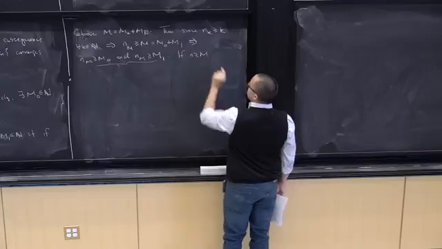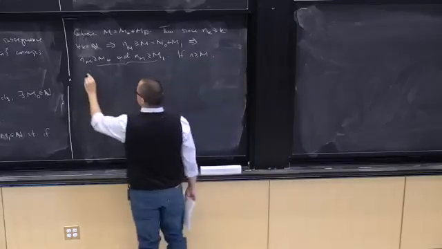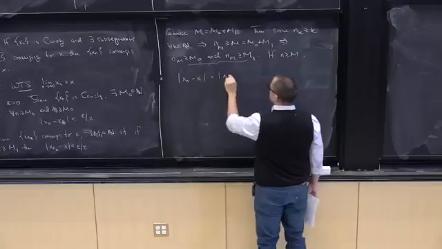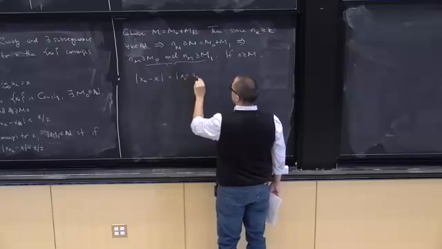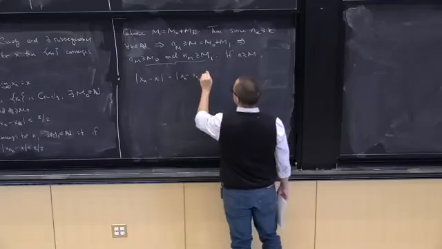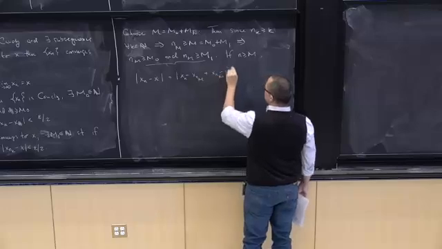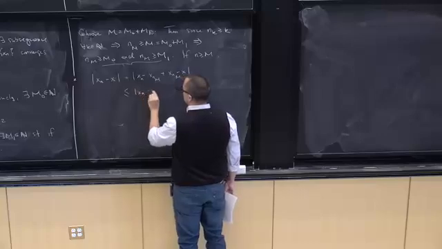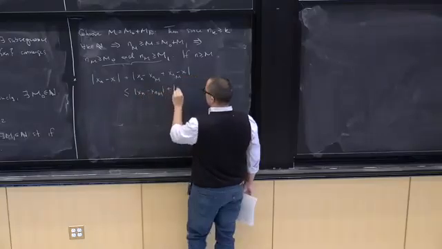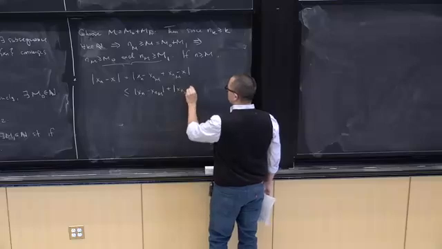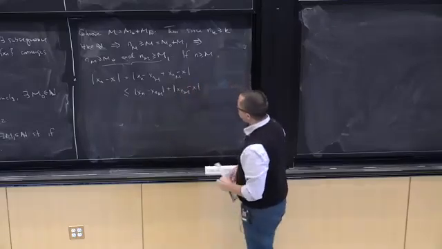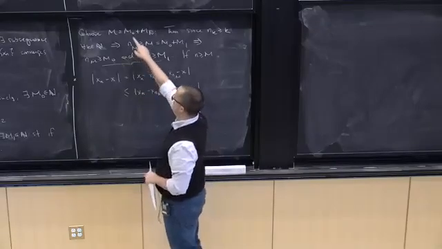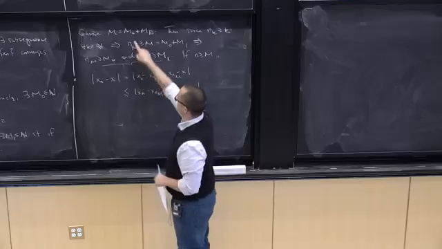So now, if n is bigger than or equal to capital M, I look at |x sub n minus x| and add and subtract x sub n sub capital M, and use the triangle inequality. Since n is bigger than or equal to capital M, which is bigger than or equal to m0, n is bigger than or equal to m0.